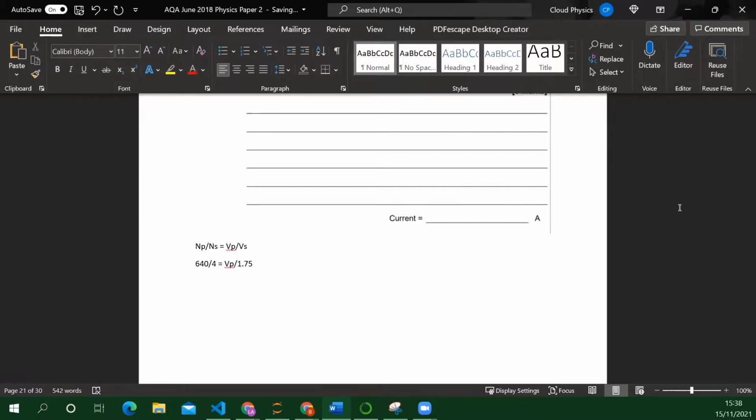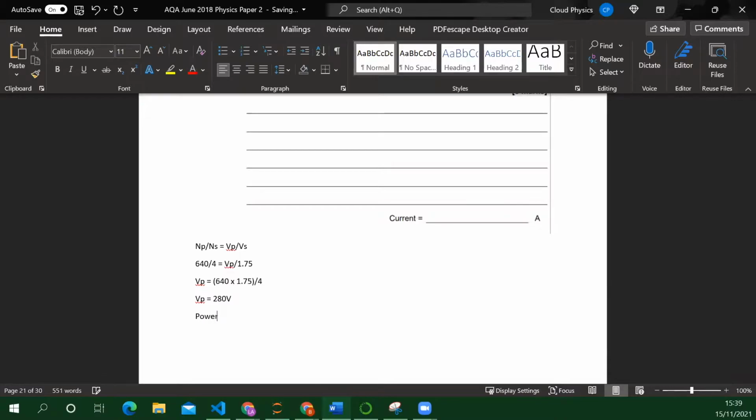Yeah, let's rearrange that. VP equals 640 times 1.75. Okay, then divide that by 4. And then VP equals 280 volts.